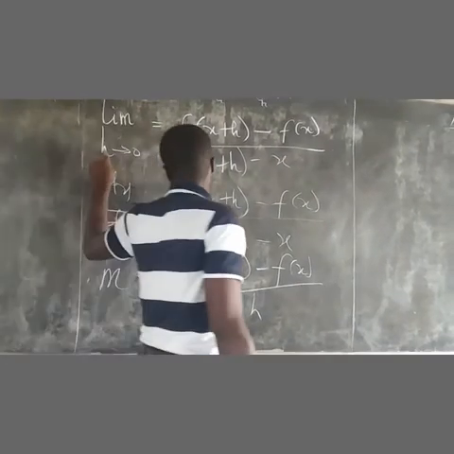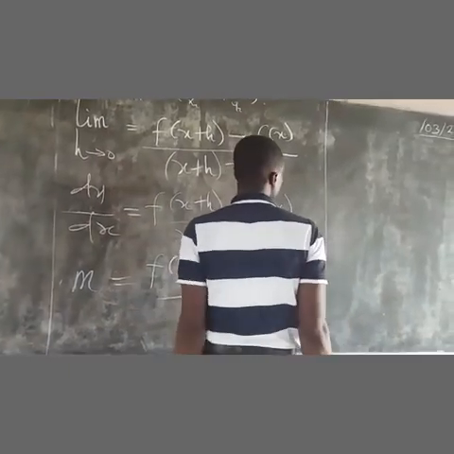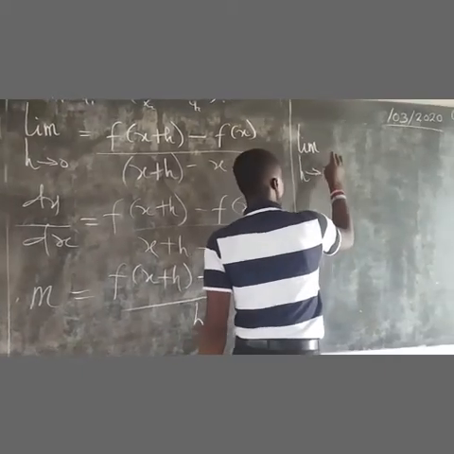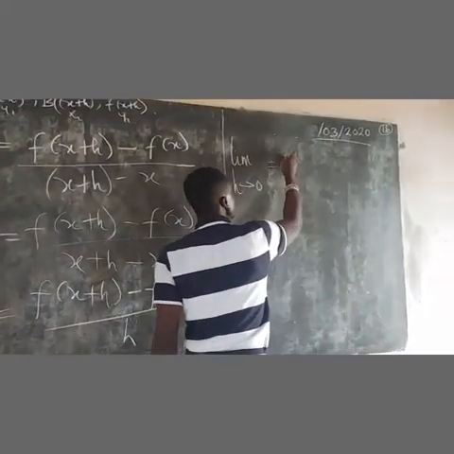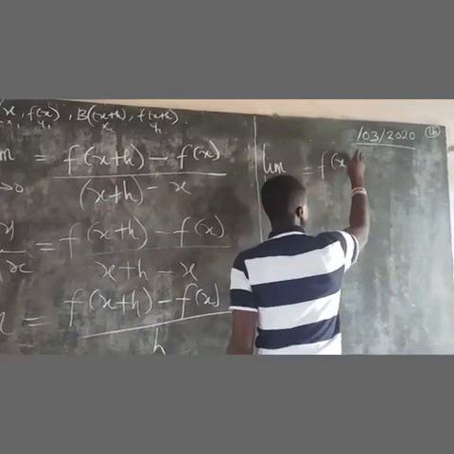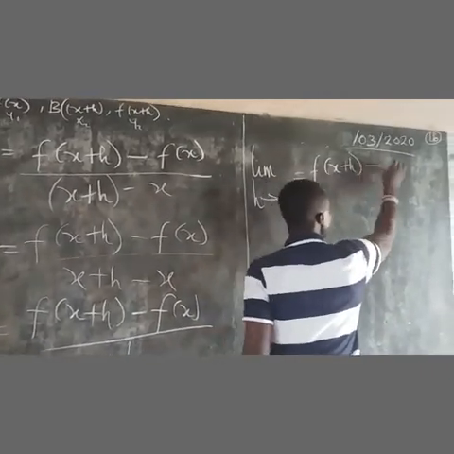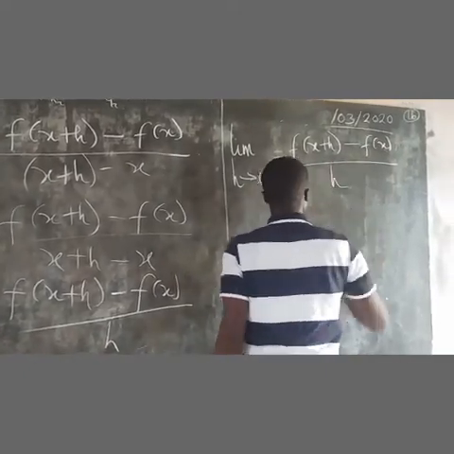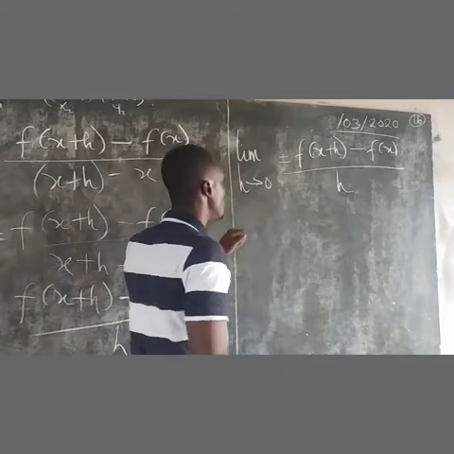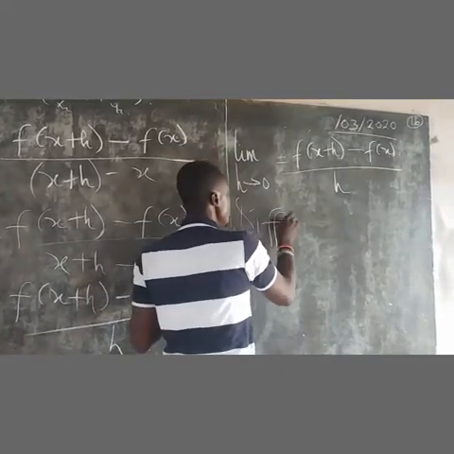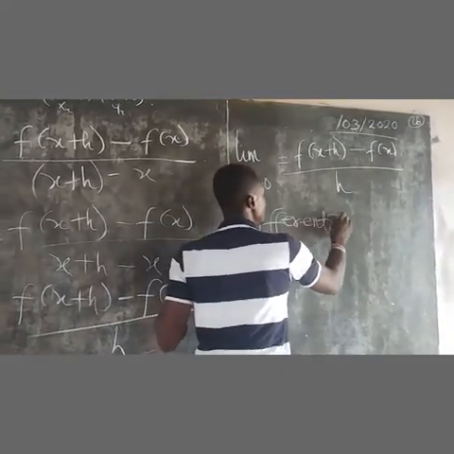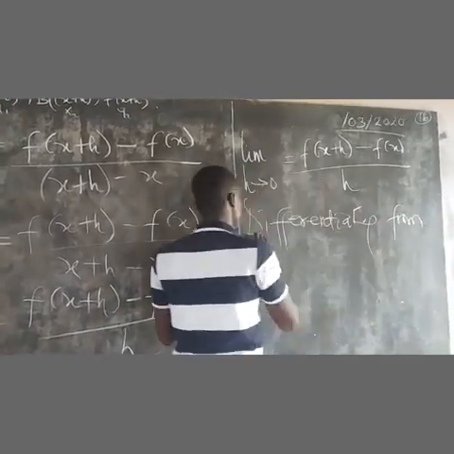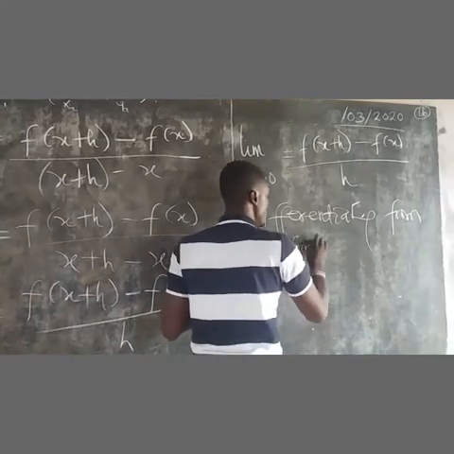And as I said, these values are the same. You can equate. So now we say that the limit as h approaches 0, your gradient is being given as f of x plus h minus f of x over h. So this is what we call differentiating from the first principle.